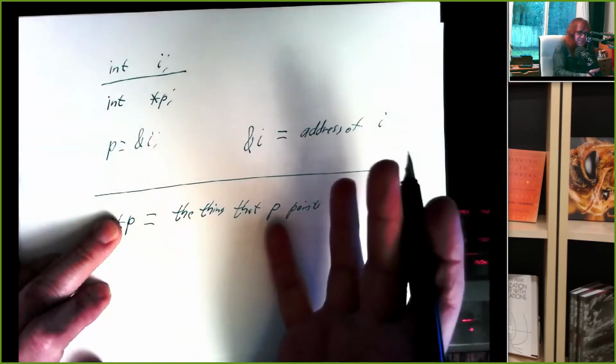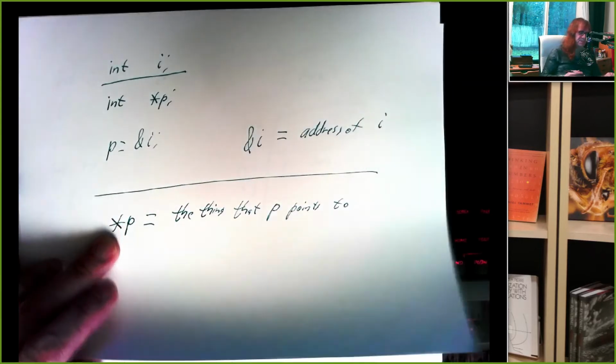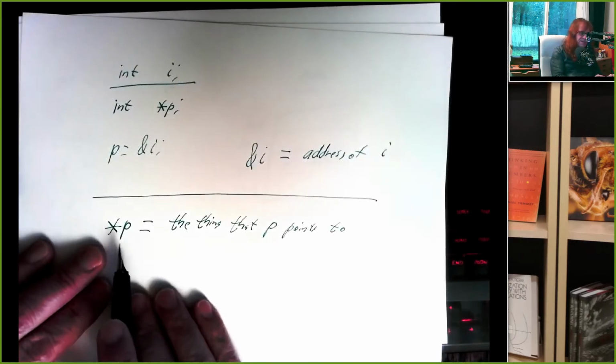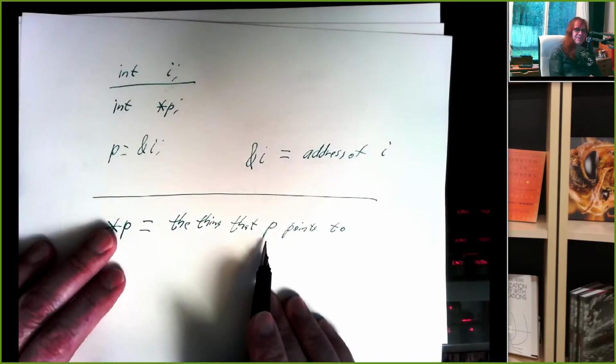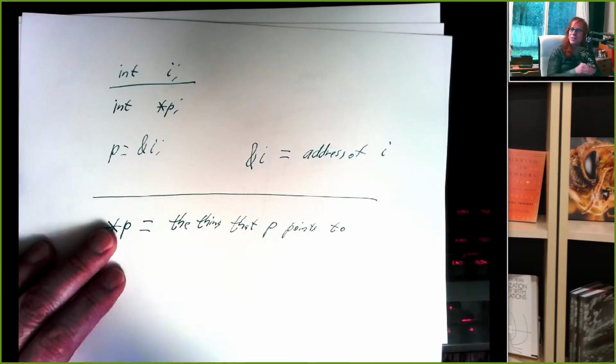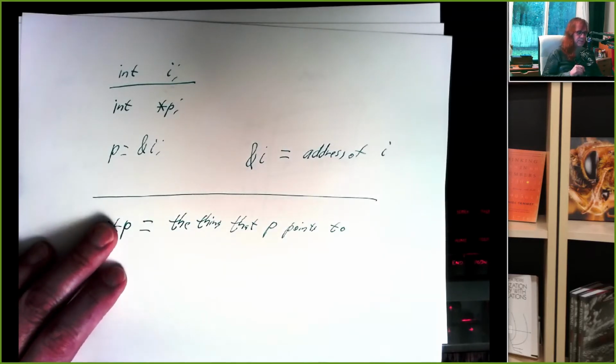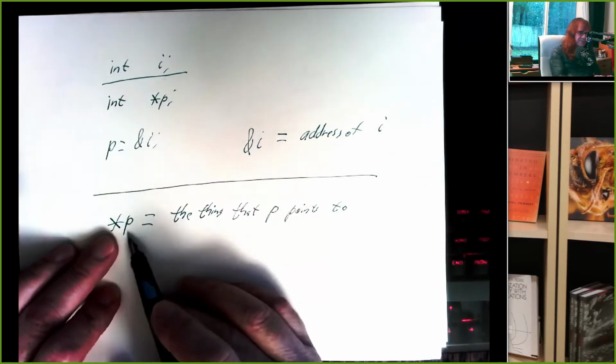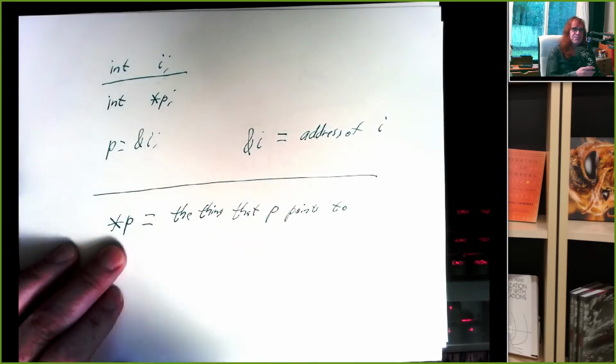P is just p. It's just whatever the value of p is. It's 106 right now. But star p says, hey, I'm not interested in this variable's value. I'm interested in the thing at the address that p is pointing to. So if this is the address of your friend's house, star p is referring to the actual house.